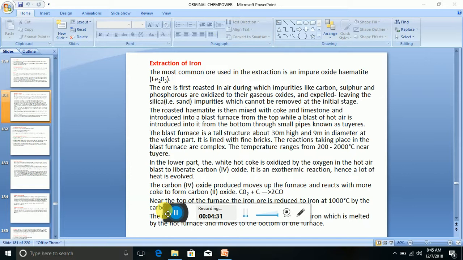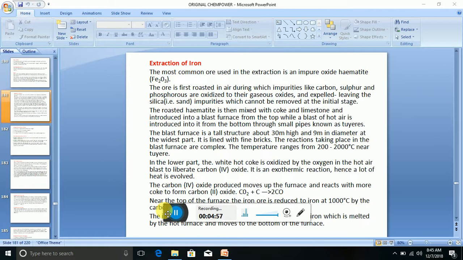The temperature ranges up to 2000 degrees Celsius near the tuyeres. In the lower part, the coke is oxidized by the oxygen in the hot air blast to liberate carbon(IV) oxide. It is an exothermic reaction, hence a lot of heat is evolved.